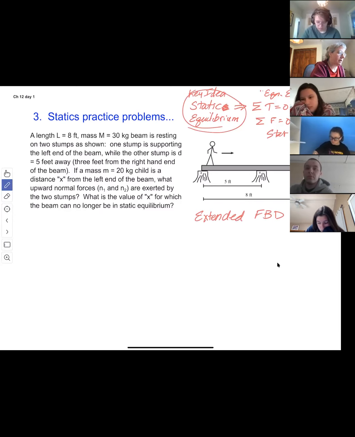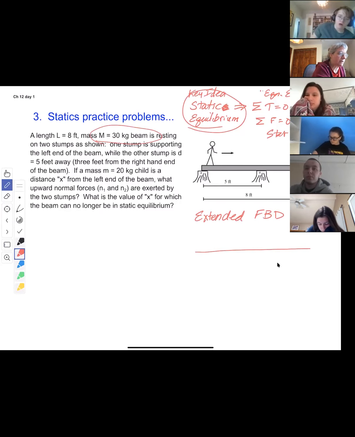So here, I'm going to concentrate on this beam, and I can take that beam and let me give myself an axis as well. I'm going to make the axis here. So there's my x-axis and my y-axis. So this end over here, the left-hand side, is where my x equals 0 is.